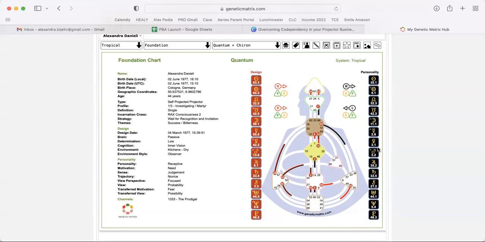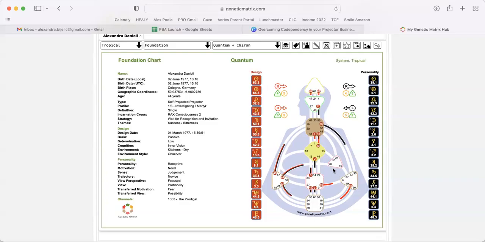And another thing to mention is we all have all of the chart. So what you have defined or colored in is what you have consistent access to. What you have white, you're meant to become wise about in exchange with the outer world. So me having no activation in my will center doesn't mean I don't have any willpower.